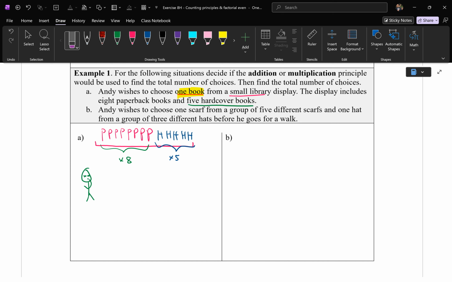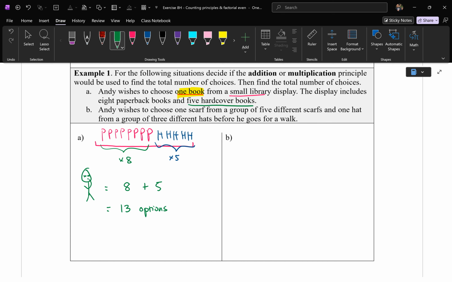Because Andy's only choosing one book, Andy now has either 8 options from the paperbacks plus 1, 2, 3, 4, 5 options from the hardcovers, because he's only choosing one. So because he's choosing one from that shelf or the display, therefore there's only 13 options in total.